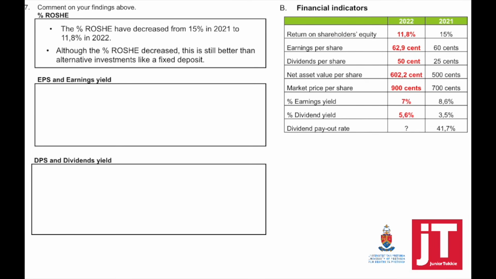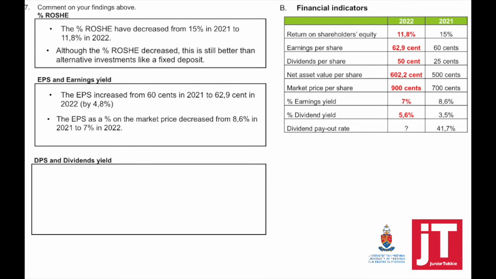If we're looking at the earnings per share and the earnings yield, the earnings per share increased from 60 cents to 62.9 cents. So in other words, by 4.8%. How do we get that percentage? We take the difference divided by the 2021 figure and then we times it by 100.